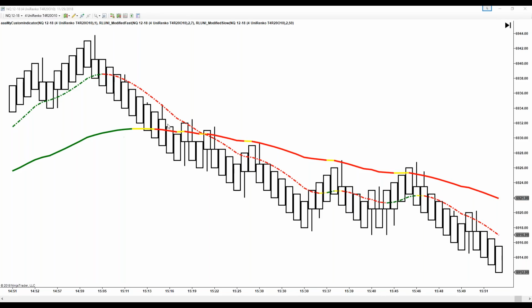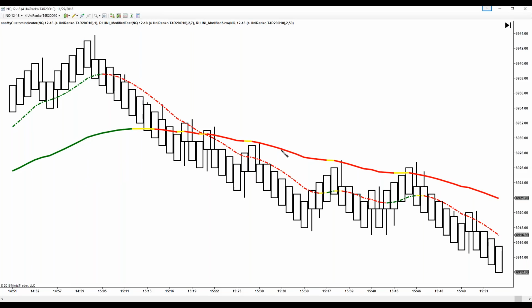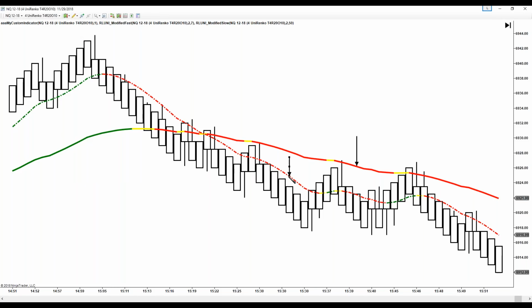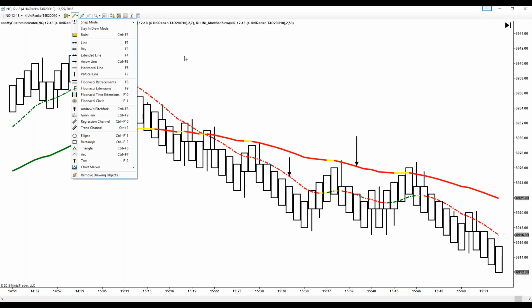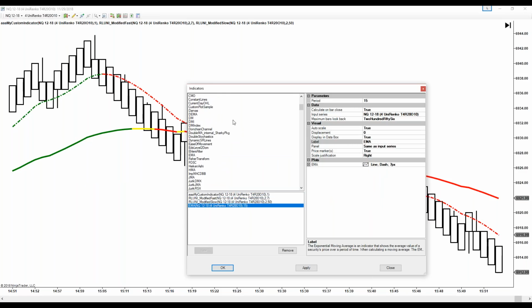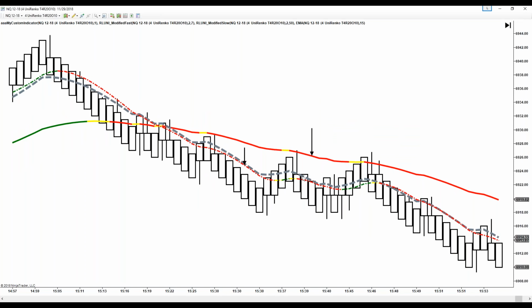The EMAs, Ron: this is a 50 EMA of a 50 EMA. This is a 15 EMA of a 15 EMA. And I showed them to you where they were juxtaposed. And here's just a regular 15 EMA. I have it set by default. You can see how differently it moves.